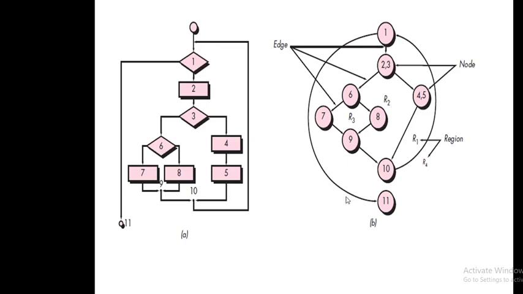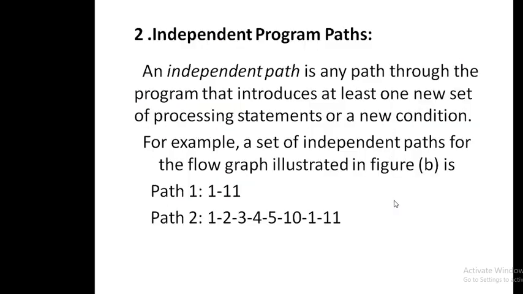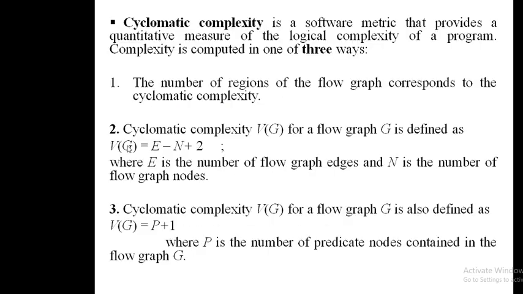So 11 minus N, where N means the number of nodes. How many nodes are there? 1, 2, 3, 4, 5, 6, 7, 8, 9. So 9 nodes are there. Based on our formula, V(G) = E - N + 2, so 11 edges minus 9 nodes, 11 minus 9 is 2, 2 plus 2 is 4.